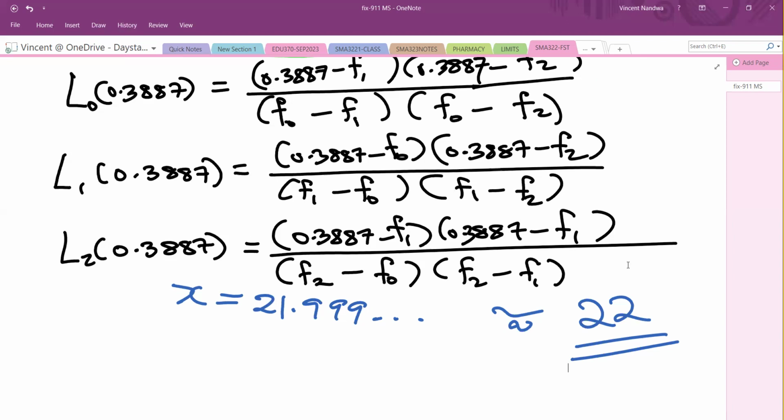So do more practice on how to apply the Lagrange interpolation formula to solving numerical problems.